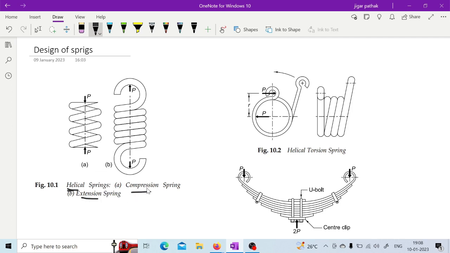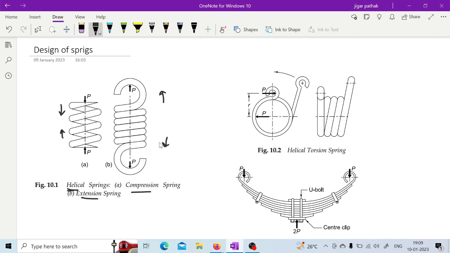Compression spring means when the load is applied on this particular spring, it is going to get compressed, so its length is going to decrease. Similarly, in this extension spring, whenever load is applied, it is going to expand, as shown in this figure.